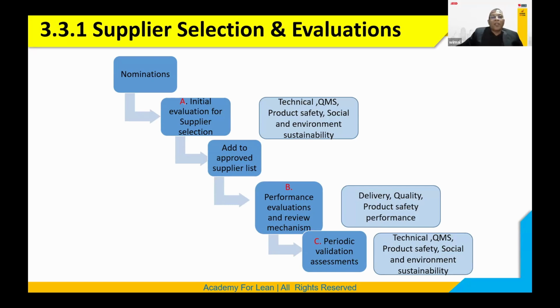So basically, the first step is during the selection process, particularly we are talking about TQM, particularly the quality department and the technical department, maybe the product safety, they need to be involved, and the impact on social sustainability and environmental sustainability, we have to measure that when it comes to the selection process.